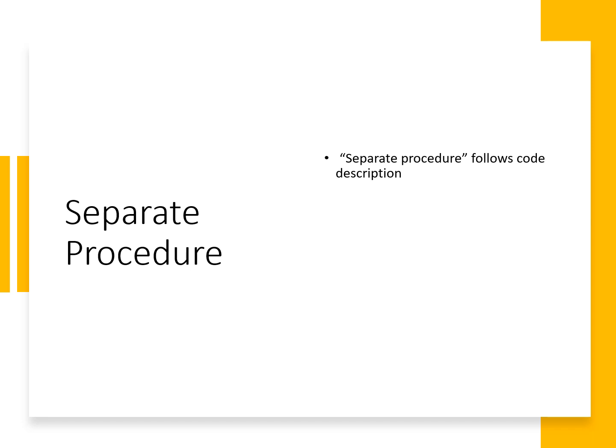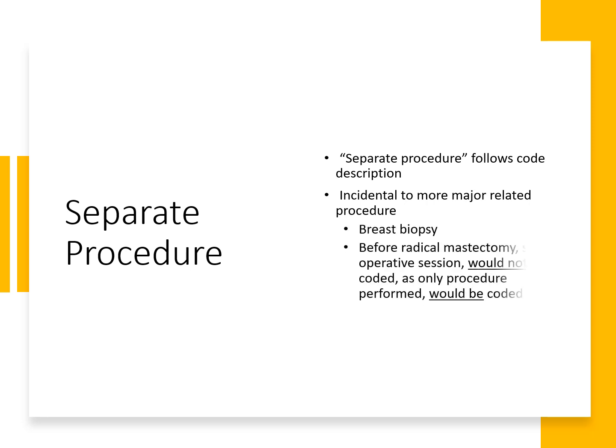So a separate procedure follows a code description. It's going to be incidental to the more major related procedure, like breast biopsy before radical mastectomy, same operative session, would not be coded, as only one procedure performed would be coded. So the patient is in the operating room for a breast biopsy.